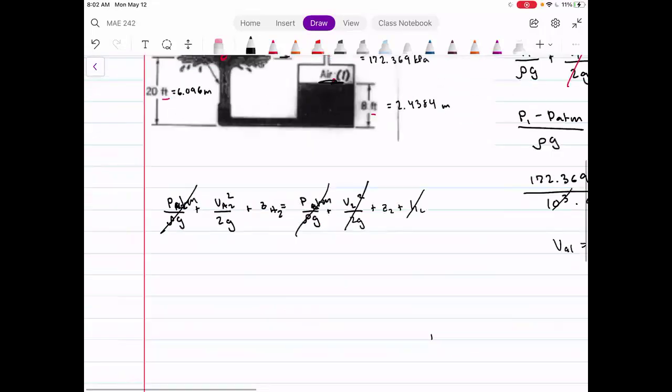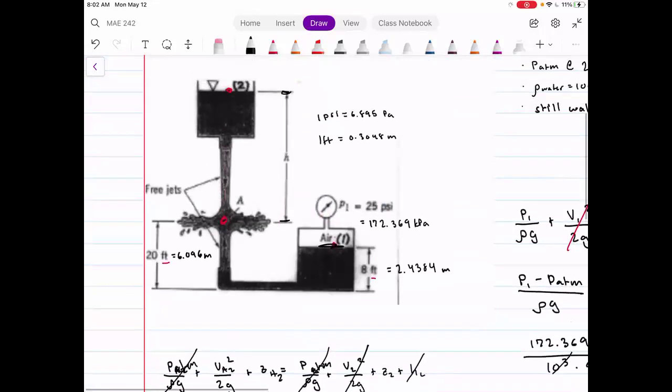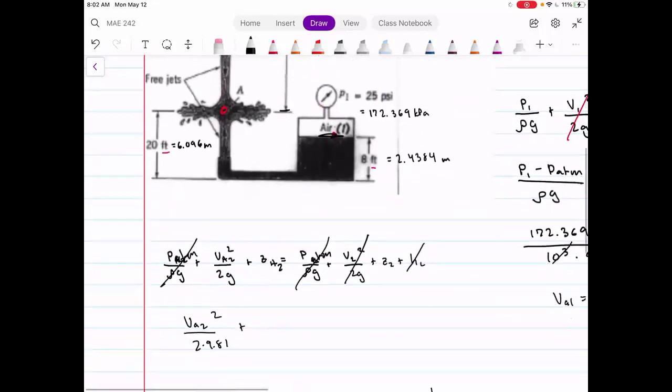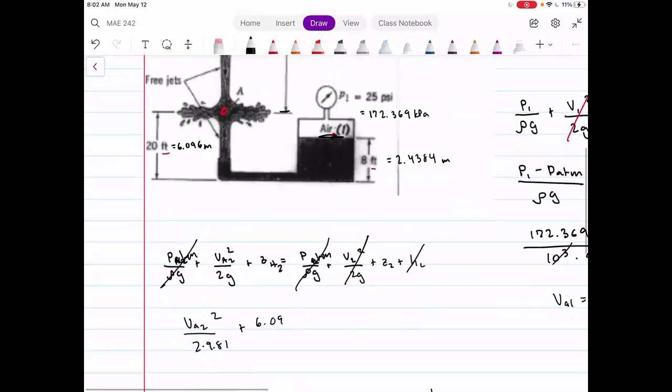And we can now go ahead and start plugging in our different values. So we have velocity A2, which we don't know yet, squared over 2 times 9.81, plus our height at the stagnation point. So that's going to be 6.096 equals the height at the top.